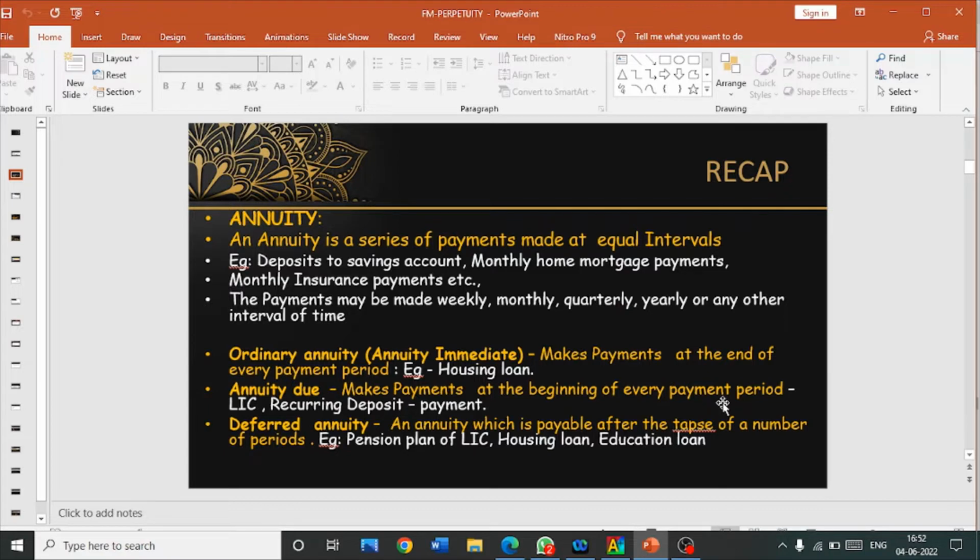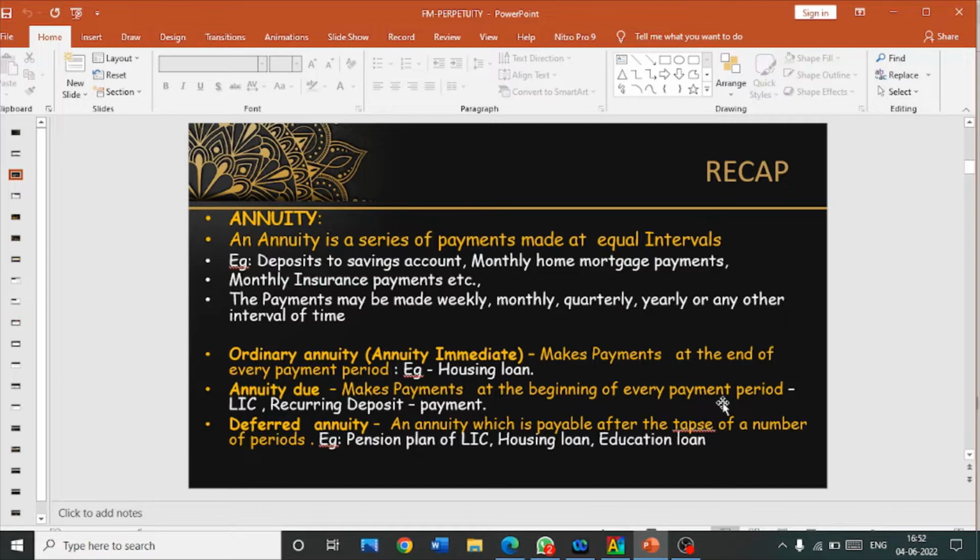Annuity is generally divided into 3 types. One is ordinary annuity. Ordinary annuity means immediate annuity. That means the payments, as we use in our regular life, will be made at the end of every period: end of the month, end of the year, end of 6 months, likewise.